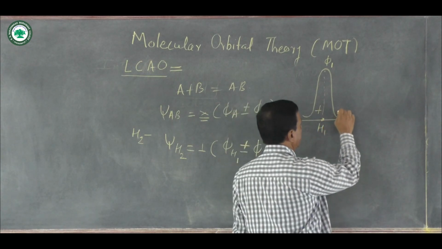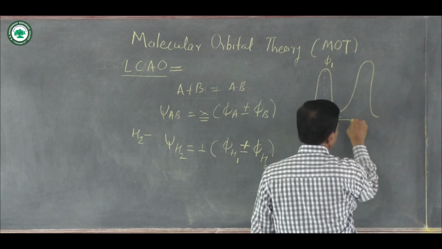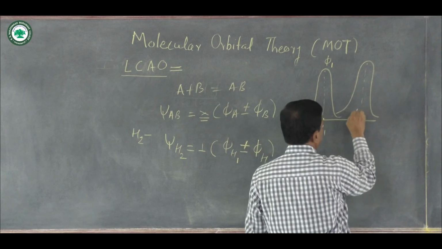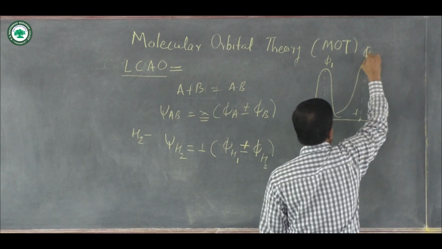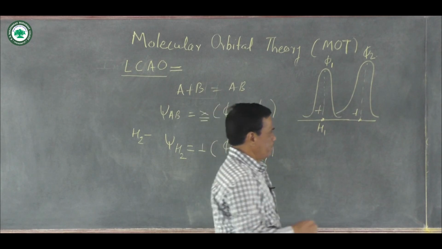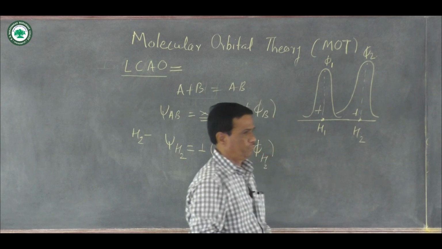Then the second hydrogen is represented like this, and here again a plus, and this is for the second hydrogen, phi 2, represented as H2.